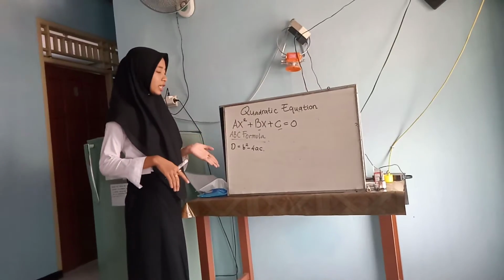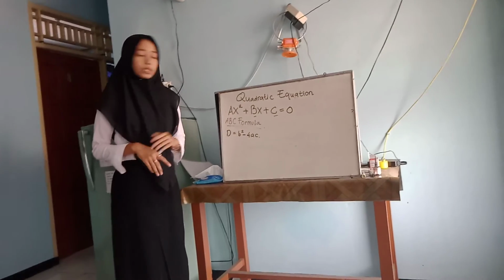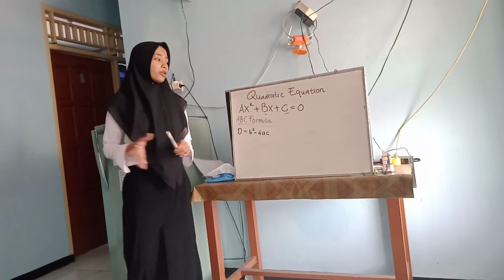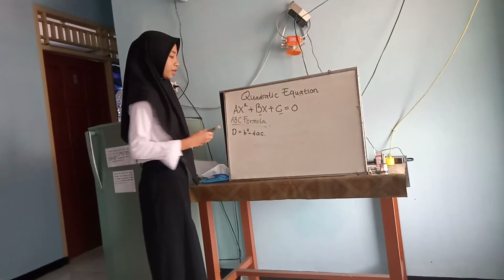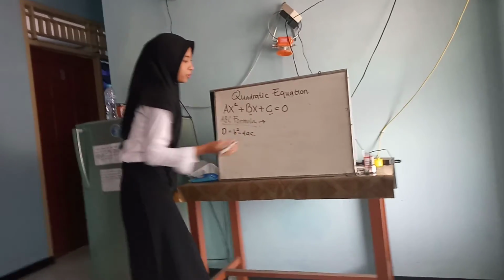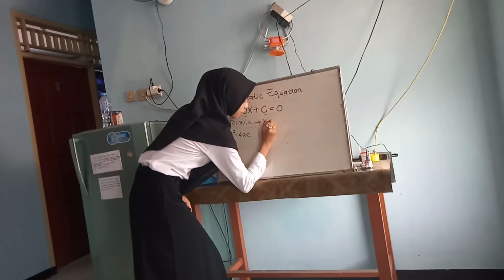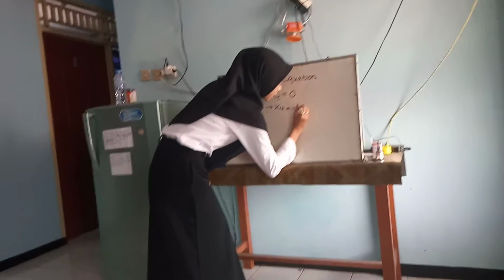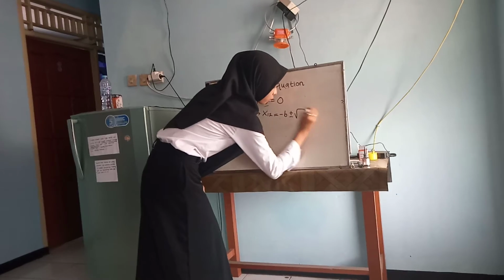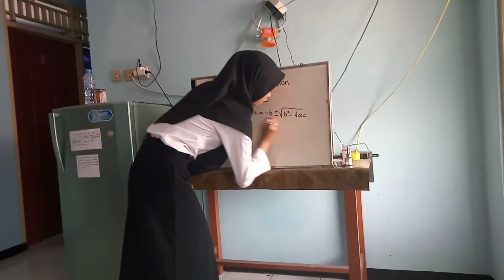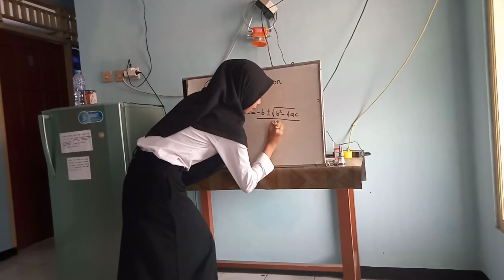Second, if the discriminant is equal to or greater than 0, the quadratic equation has real solutions. Now we move to the ABC formula. The formula is x1,2 equals minus b plus or minus square root of b squared minus 4ac, over 2a.